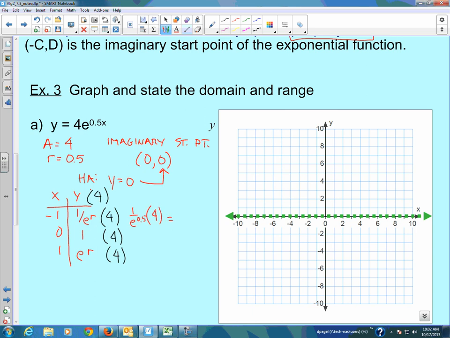And let's see what we get here. So I would do my e to the 0.5, take the reciprocal of that value, and then multiply it by 4, and I get 3.8. And then 4, and then e to the 0.5 again, and then that number times 4 gives me 4.21.